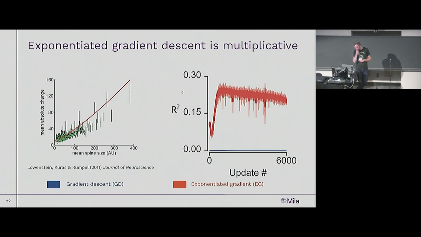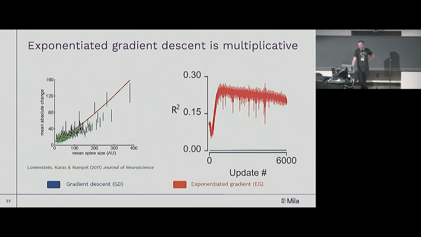Now interestingly, as you saw from the expression, exponentiated gradient is a multiplicative algorithm. The new synaptic weights are ultimately a result of a multiplication with the current synaptic weights. So what you get then is a dependence on the new weights, on the old weights in an explicit manner, that rather the degree of weight change is dependent on the old weights. And this is actually what people see experimentally.